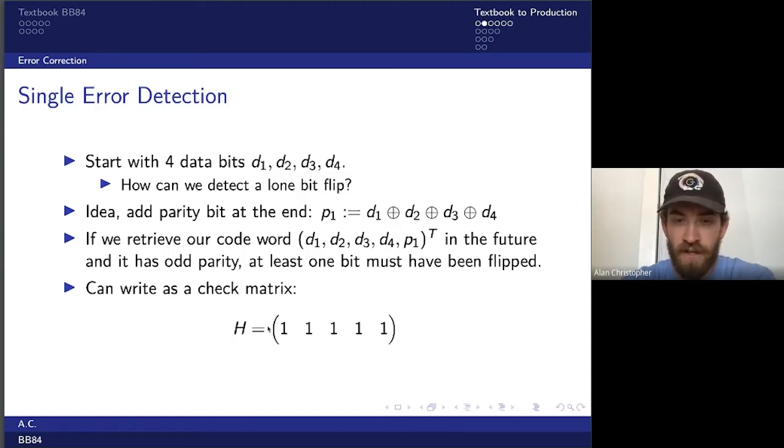If I multiply this matrix into a code word vector, a bit vector of this form, then I'm going to get exactly this parity check out. That takes advantage of the fact that if you are doing arithmetic mod 2, XOR is exactly your addition operation, and AND is your multiplication operation. So 1 and thing is thing. So this is just 1 and this plus this plus this plus this plus this. And that gives us whether or not we had a bit flip.